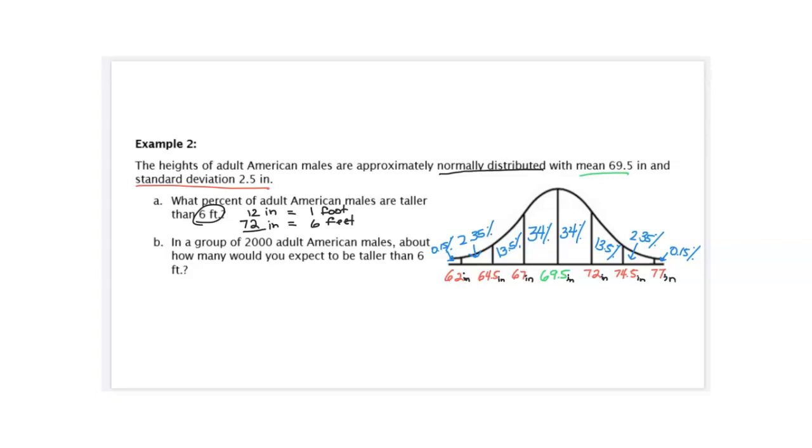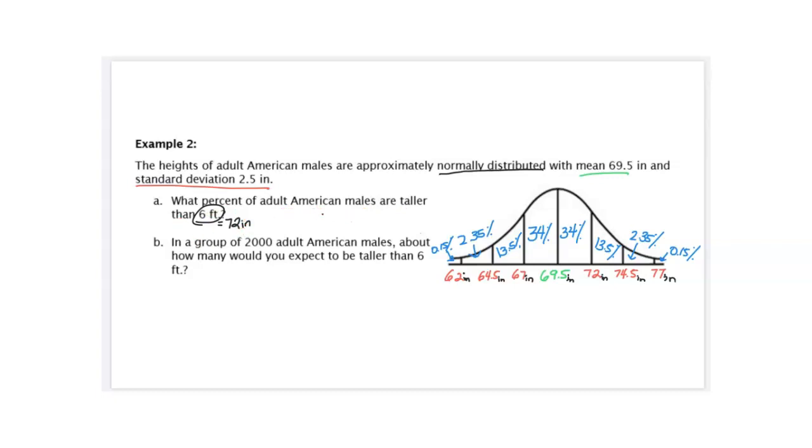Well, we would do 12 times 6, and it's equal to 72. So that's 72 inches. Okay, so then going back to our question, what percent of adult American males are taller than 6 feet? I'm going to erase this extra and simply put here that 6 feet is equal to 72 inches. So what percent of adult American males are taller than 72 inches?